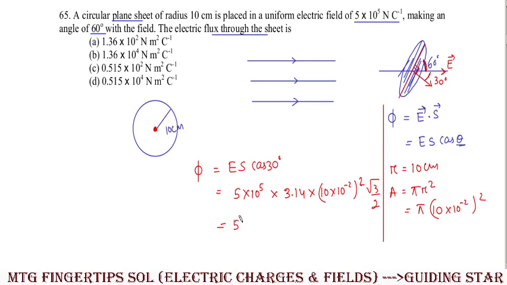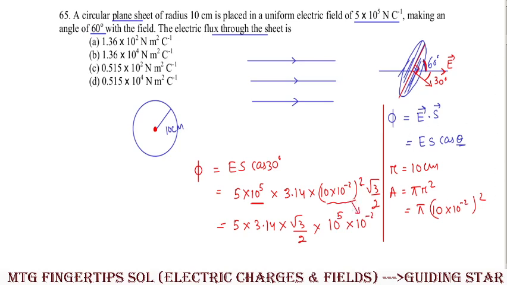So 5 into 3.14 into, here 10 square that is 100, that means 10 to the 2, and this is 10 to the minus 4, so it will be 10 to the power minus 2. Finally, here we can write root 3 by 2 into 10 to the power 5, which is present over here, and we'll write that one into 10 to the power minus 2.